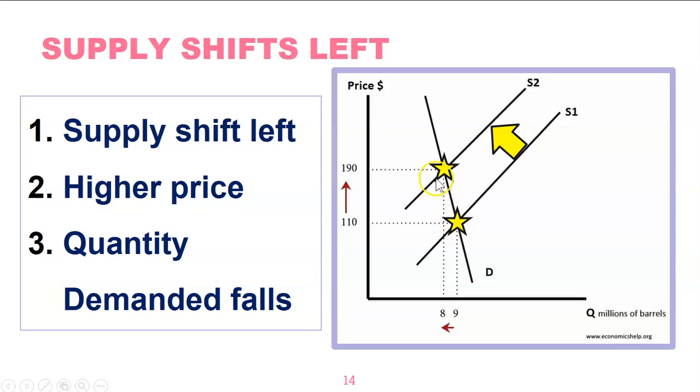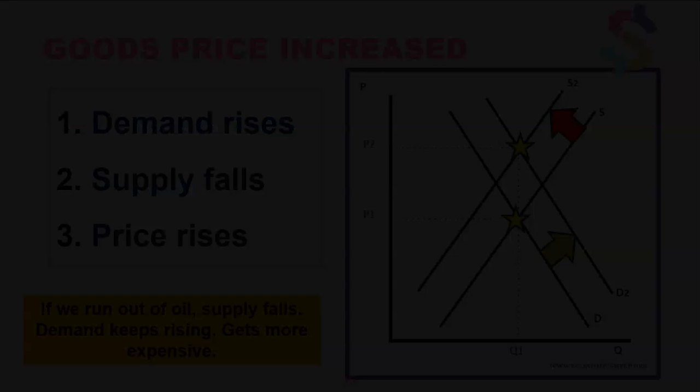So therefore we have a higher price. And then it says the quantity demanded falls. So as we go up this demand line, just barely, you can see it moves from this line at 9 to this line at 8. So you can see how the equilibrium point will shift there, and these lines shift constantly.